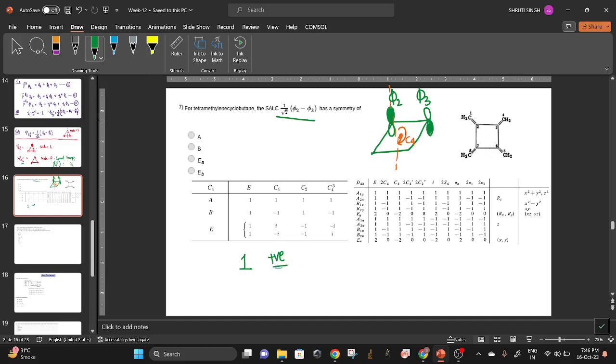Now when we apply C2, what will happen? From here it changes by 180°, so from here to here phi 3 will come. Both of them will change place like this, phi 3 will be here, phi 2 will be here. Also there will be a change of sign.